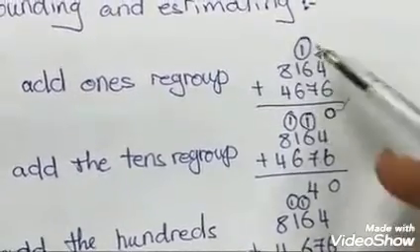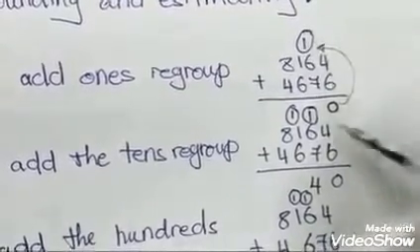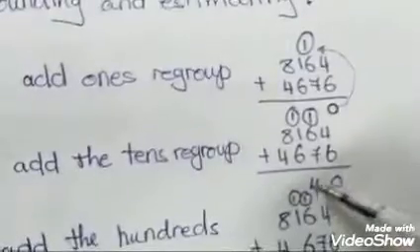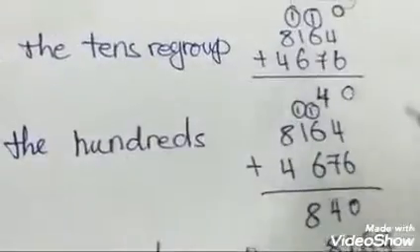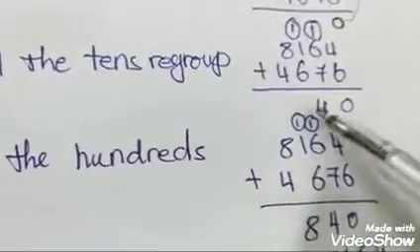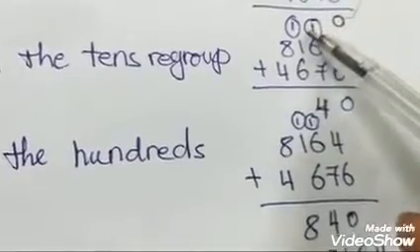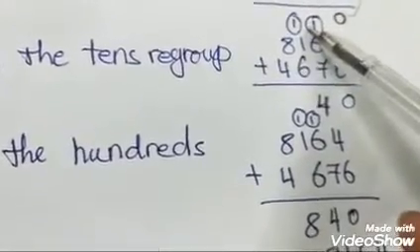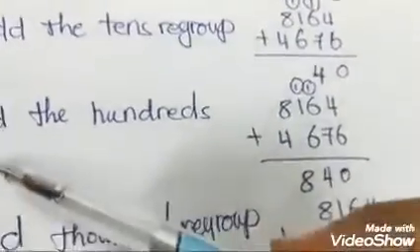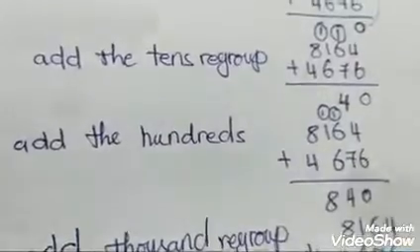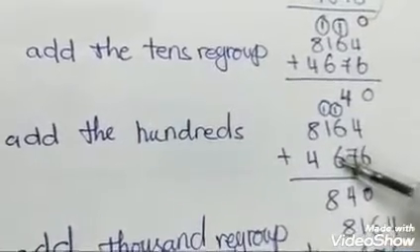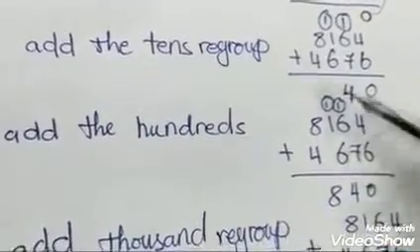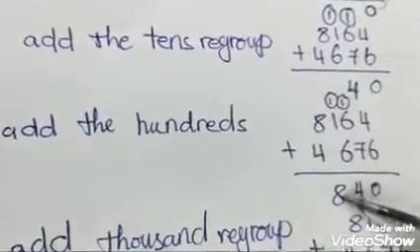Increased by the 1 that I already have from before, it will be 14. I will put the 4 and carry 1 up, the tens of the 14. Then add the hundreds. 1 plus 6 equals 7. Adding the 1 from before equals 8.